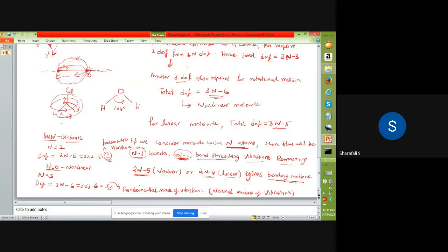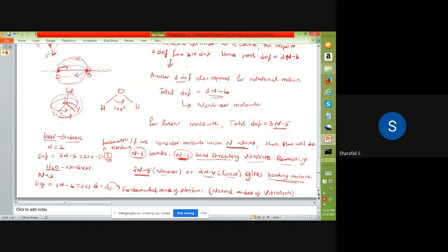That is nothing but a fundamental mode or normal mode of vibration, which means we are considering only the stretching and bending in the normal case, the normal vibrational case. We are not considering the hot bands and overtones, which cannot be discussed using this equation. That's why it is called fundamental mode or normal modes. So these are the normal modes or fundamental modes of vibration associated with the water molecule.